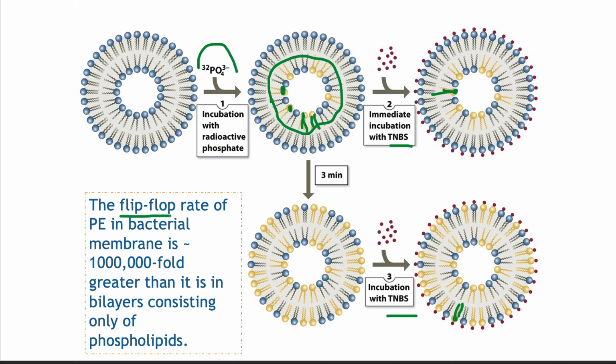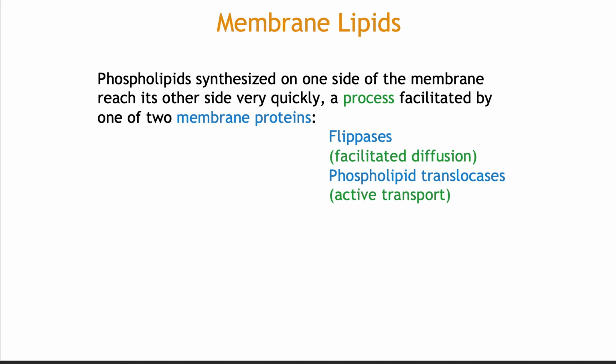So then what's happening is a flip-flop diffusion, or a flip-flop rate, right? Phospholipids that are synthesized on one side of the membrane can reach the other side very quickly. And this process is facilitated by one or two membrane proteins.